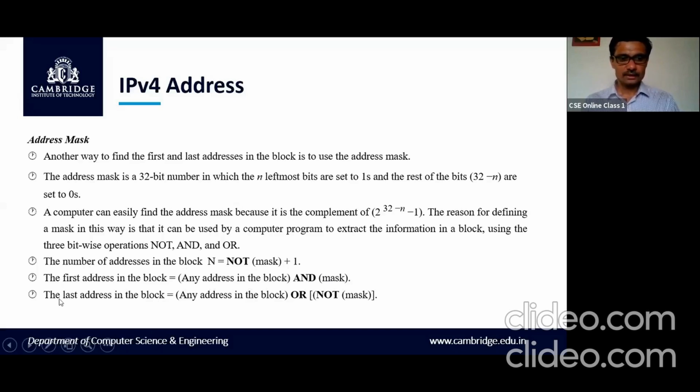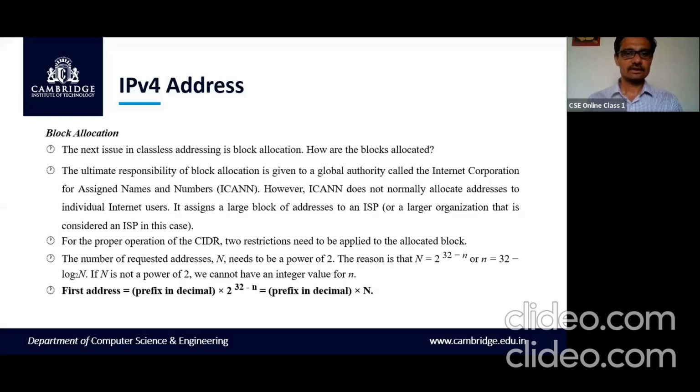The last address you get like this: invert every bit of the mask, then perform an OR operation with any of the addresses in that block. So you get the last address in the block. We have worked out problems related to this in the last class. So this is what we discussed in the last class. Now let us continue that today.